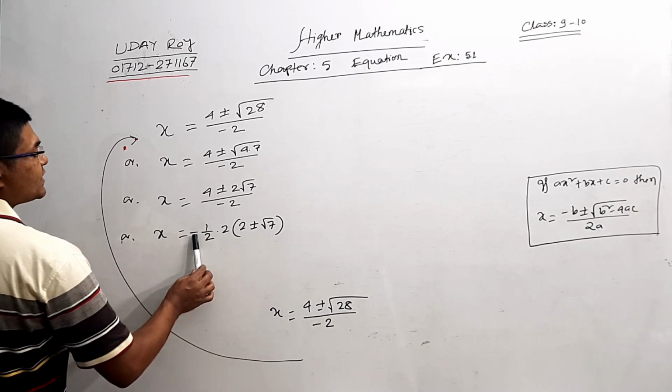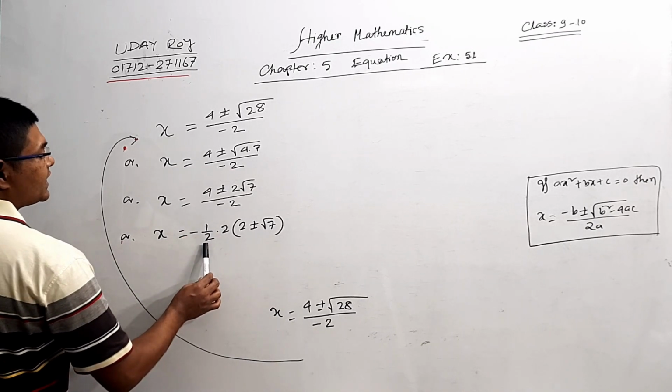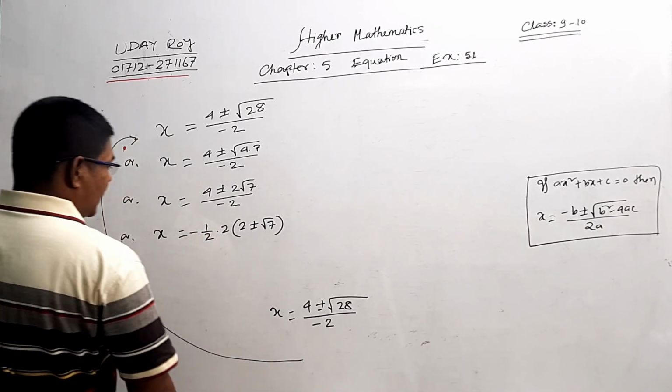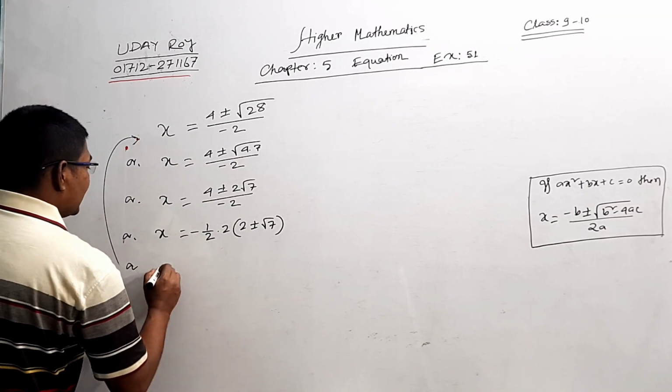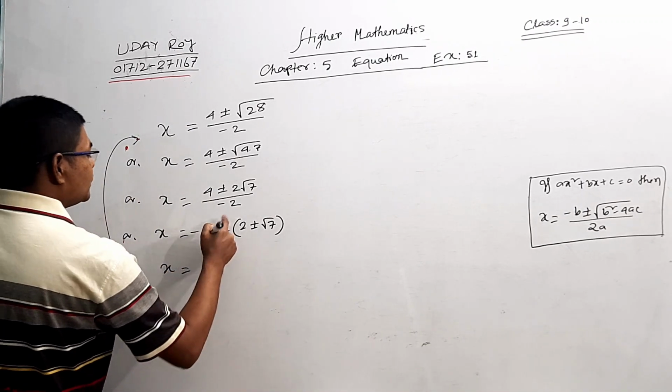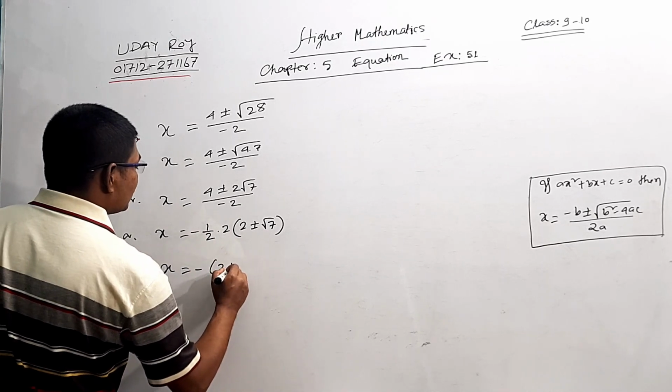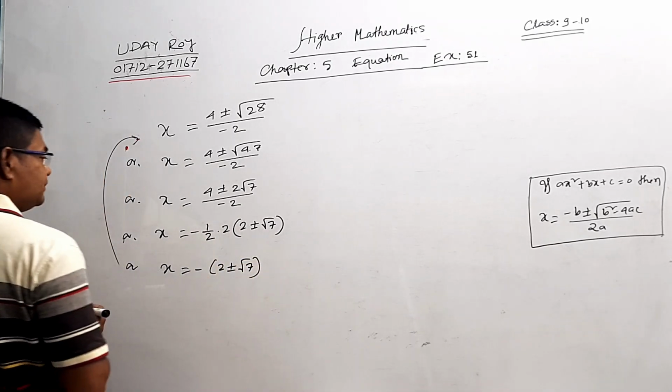So we can take minus and 1, so we can write 1 by 2. Now let's come back to the board. We can see x equal to, 2 and 2 cut, we get 2 plus minus square root of 7.